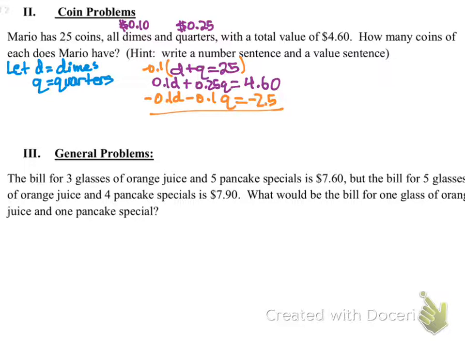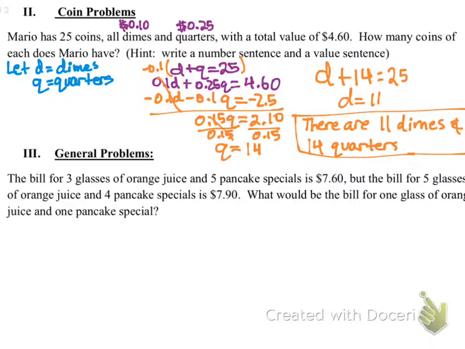Again, the main thing for this is, do you know how to set up the problem? Because the math is very easy. So take about a minute and solve it. Once you solve it, we get that there are 11 dimes and 14 quarters that Mario has.